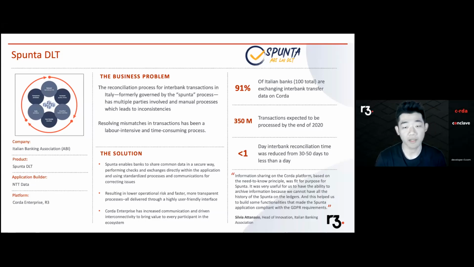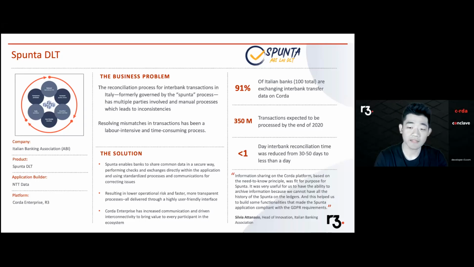It's called Spunta. Spunta is an Italian project with a consortium of Italian banks. Out of the 100 Italian banks in total, 91% of the Italian banks are exchanging their internal bank transfer data on Corda. That's a huge win and success that we already have this year, right?